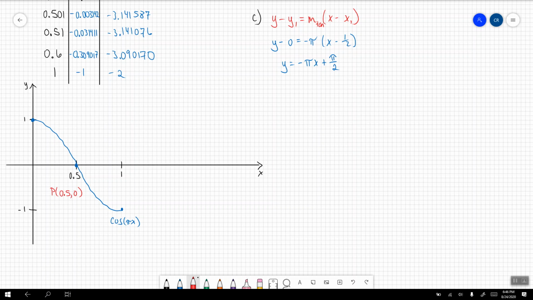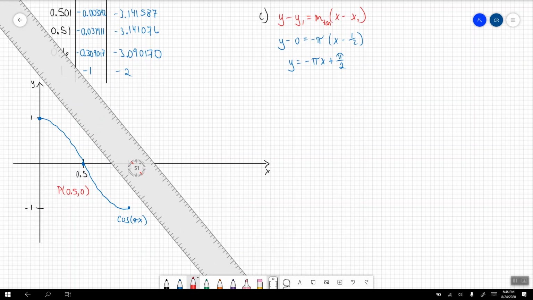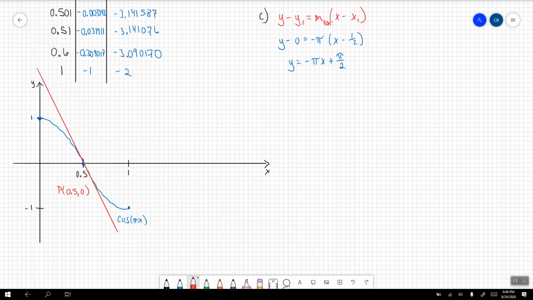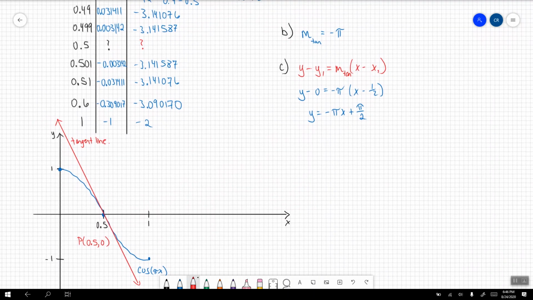Its tangent line has a negative slope, and the negative slope is pi, which means that as we start looking at this tangent line, this is going to be the tangent line. There you are.